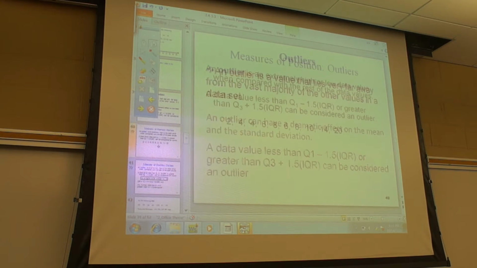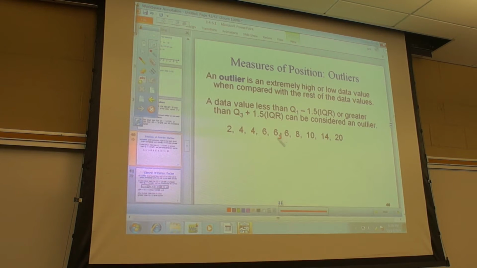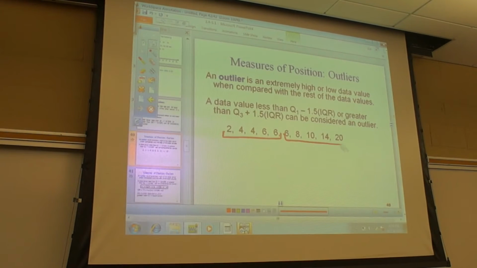So I'll give you guys an example. Here's some data. Split into halves. So here's my Q1. Here's my Q2. Now, that means that my IQR is what? Q3 minus Q1. What is that?